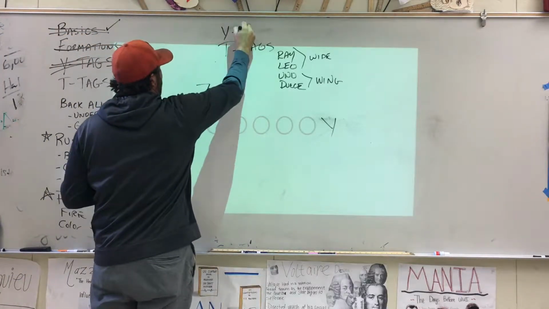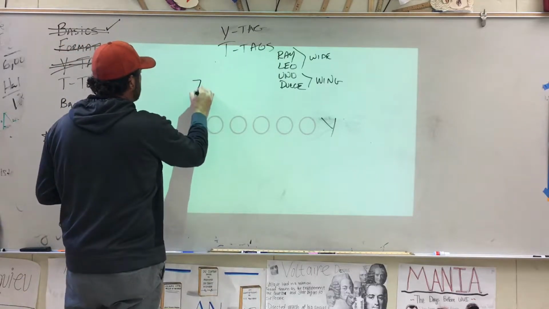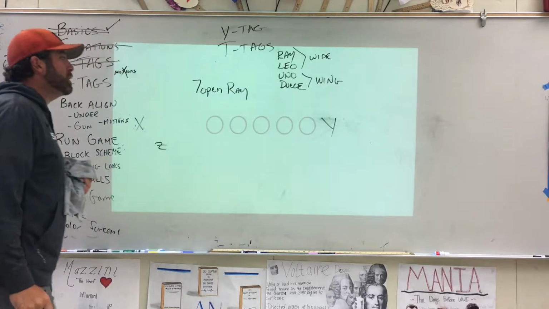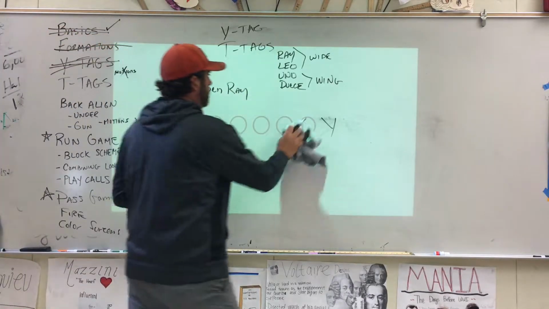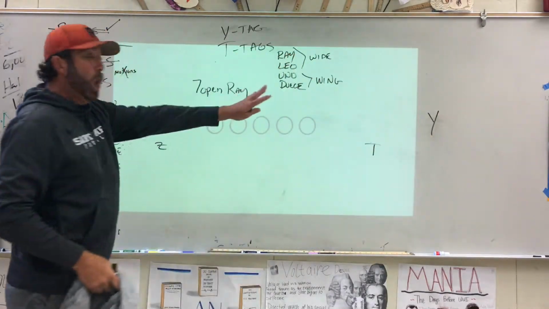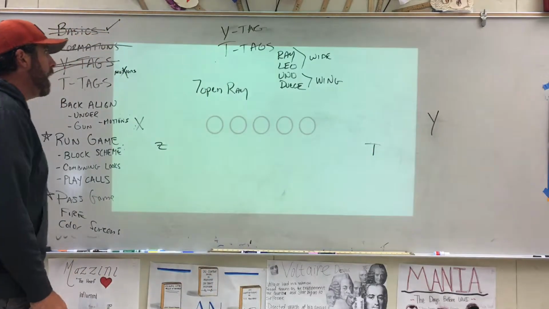So let's combine the two. Let's combine Y tag and T tag for a spread formation. 7, open, Ray. That is our common spread formation. So we've got 7, we've got open, and we've got Ray. Like I said, if he's going to the open side, sometimes he's in that slot. In this situation, he's in the slot.